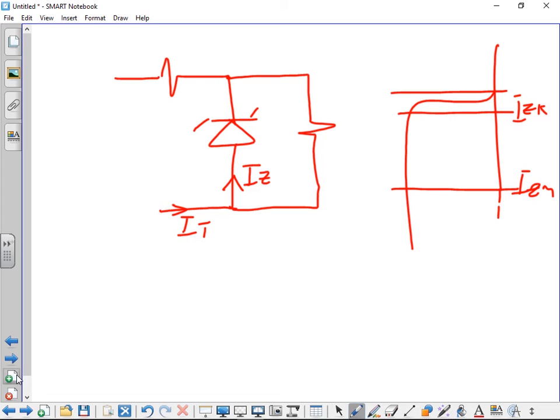Now for as long as we have this current within these boundaries, the current flowing here not less than IZK or not more than IZM, then the voltage that we are going to measure here will always be a constant voltage. Even when my input is variable, the output voltage will always be constant. And that is our lesson for today. Thank you very much.